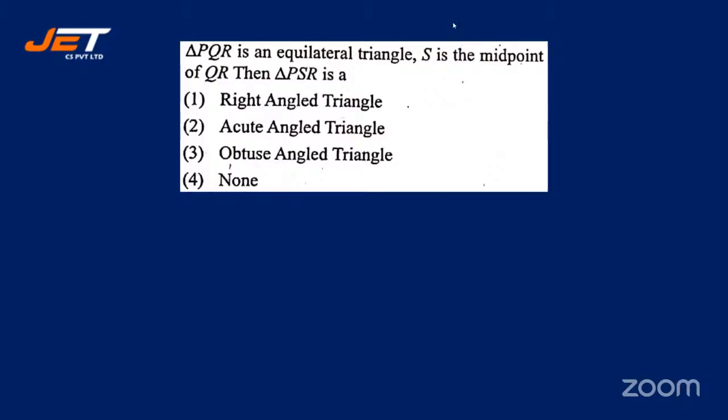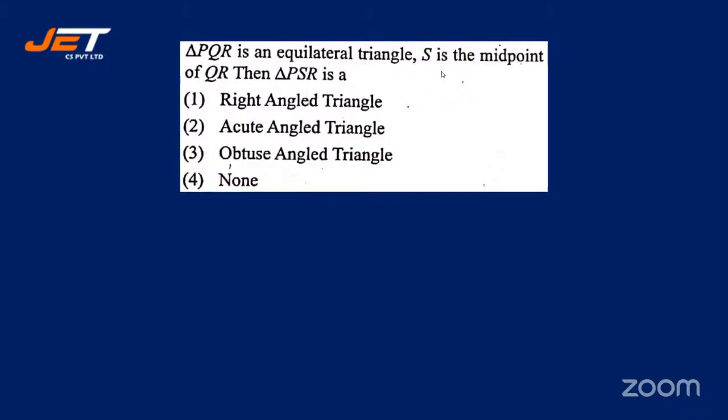Very good evening, students. So very nice to see you back for the mathematics session. I hope you all are ready with your notebook, your pen, and if necessary, your textbook also, isn't it? So we are continuing with the triangle session of what we did yesterday.